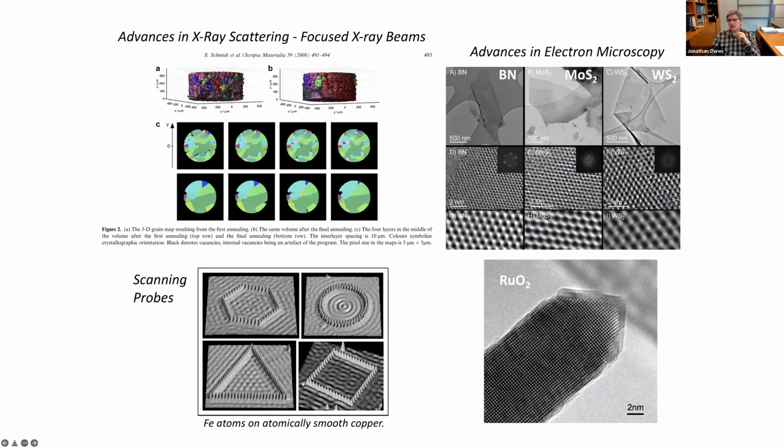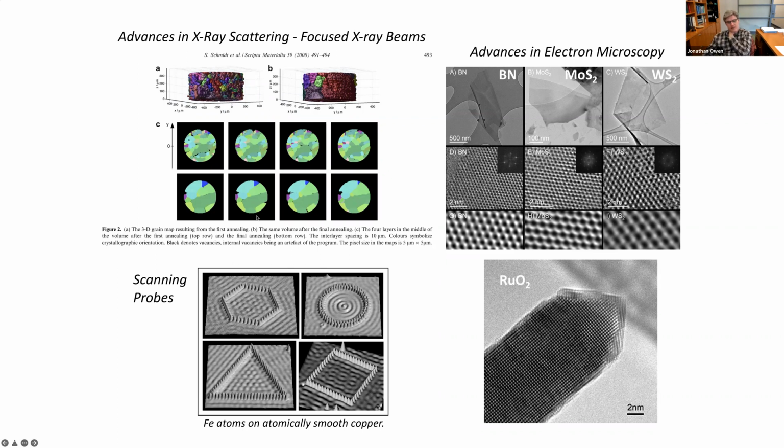Another really big thing that's been happening at the same time is, as I mentioned, electron and X-ray scattering. We're going to spend some time talking about how powerful synchrotrons are and the variety of techniques that are accessible there. This is an example of a conglomerate. It's a bunch of different crystallites that are all sandwiched together, and using a focused X-ray beam, this group, I think might be from Simon Billinge's lab, I'm not sure, came in with a focused beam and could actually map every single one of these crystallites.